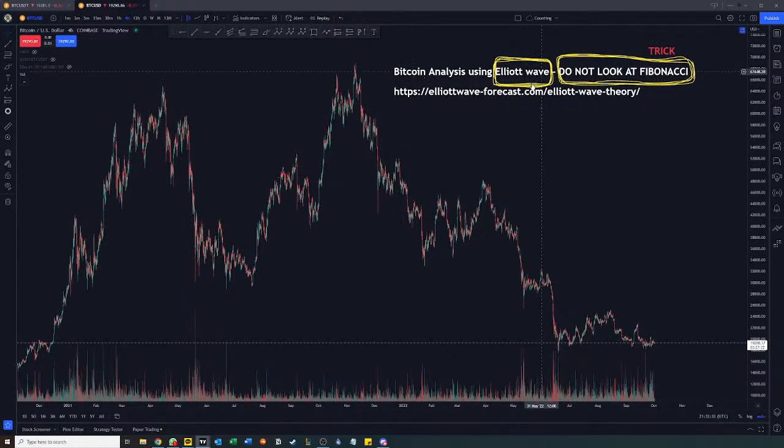Elliott wave, if I explain it really fast, is a way of analyzing the price action of stocks, coins, or any charts actually. It works in a lot of charts that have many trading volume. So like Nasdaq, S&P, even Bitcoin, other coins as well.